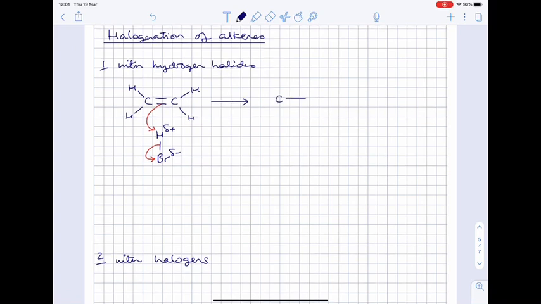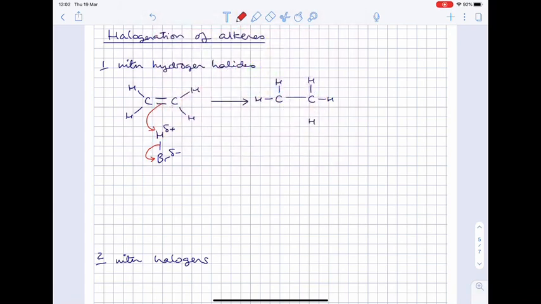So we've broken the pi bond. There's no change with these hydrogens bonded to the carbons. And we can draw the hydrogen bonded to this carbon here or this carbon here because they're identical. So I'm just going to choose to draw it on the carbon on the right.